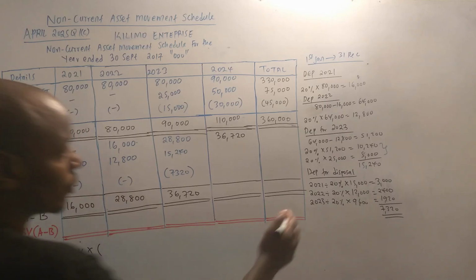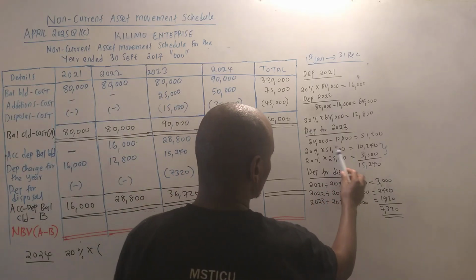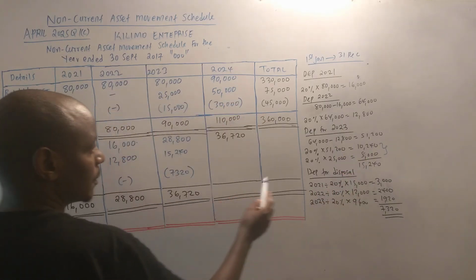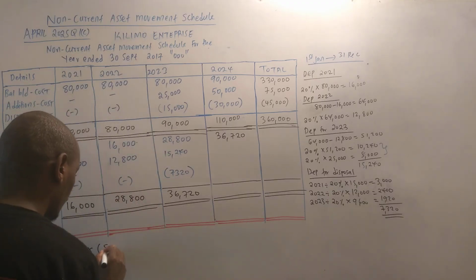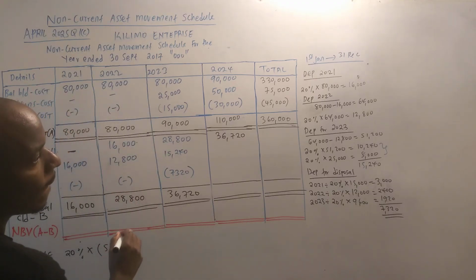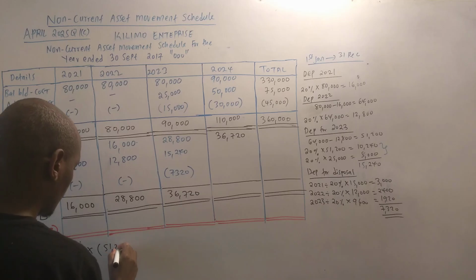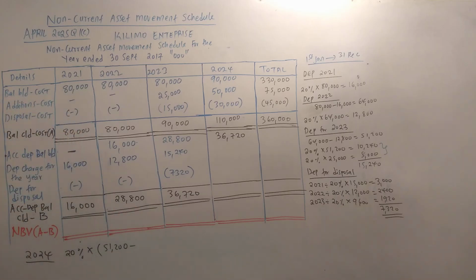So the amount that was remaining was 51,200 minus the depreciation. You're supposed to raise the depreciation for, we have two items there. We have the one for 2,500.